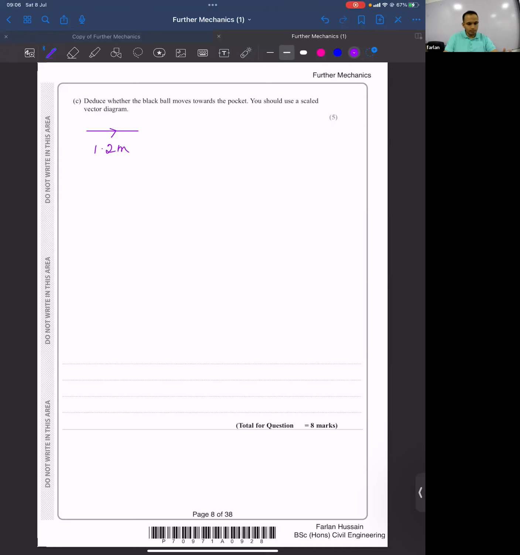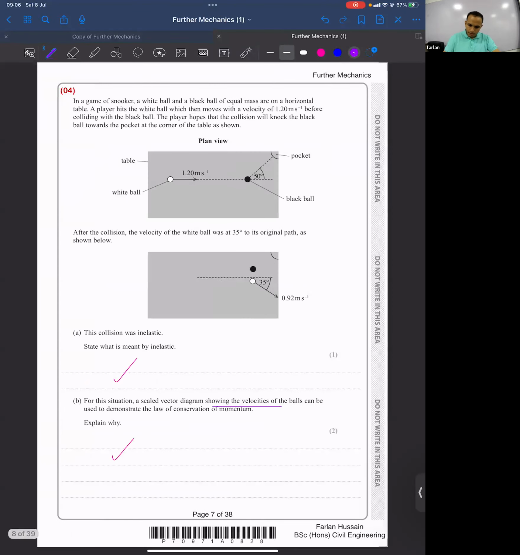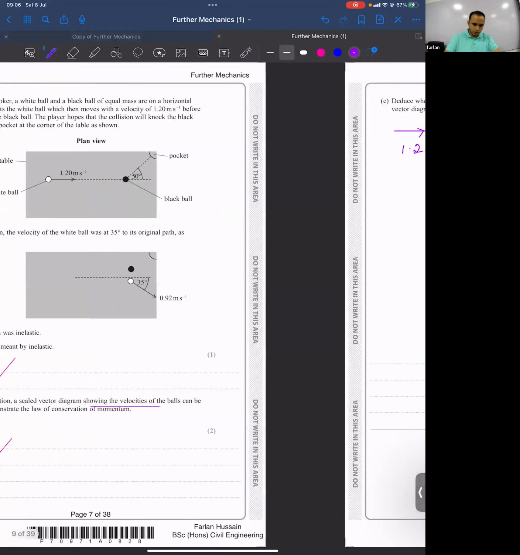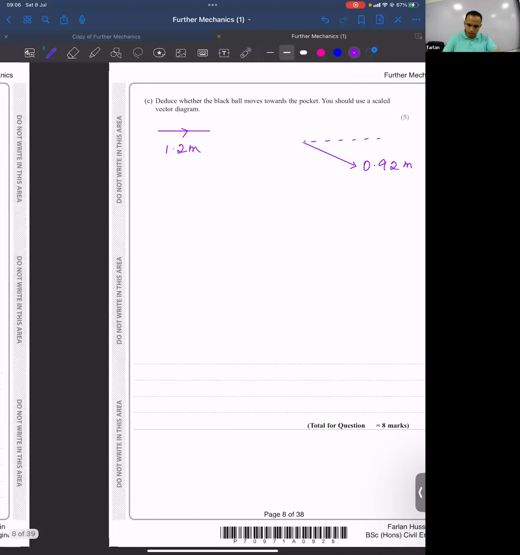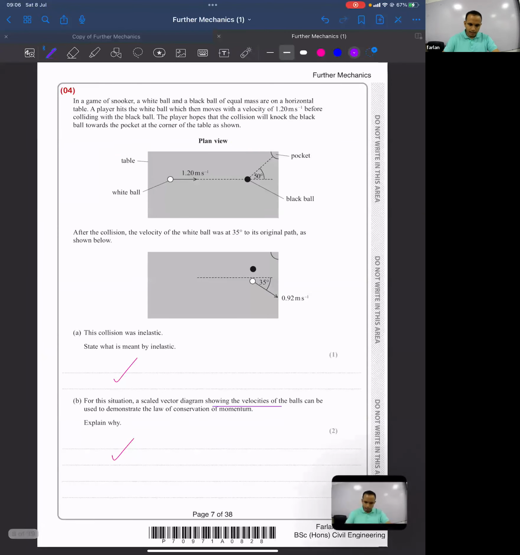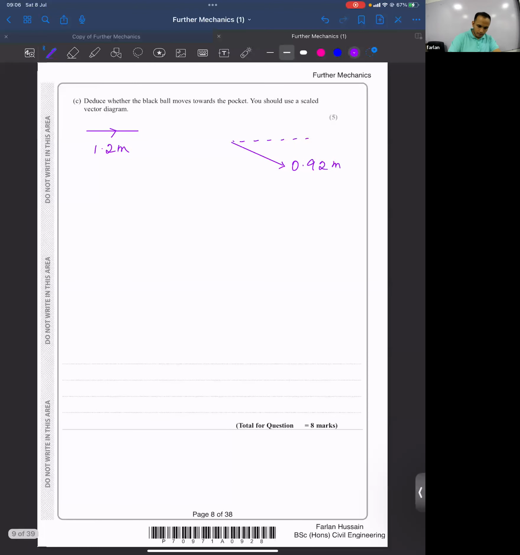Correct? After the collision, the momentum of the white ball is 0.92 m. Its mass is m, velocity is 0.92, so it's 0.92 m at an angle of 35 degrees.